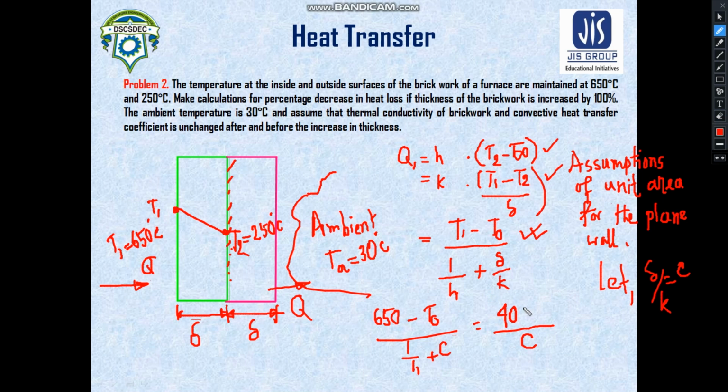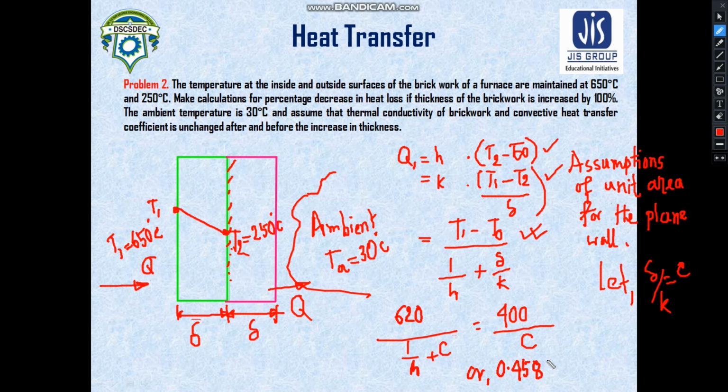Oh sorry, you also know the ambient temperature, it is 30 degrees Celsius. So ultimately you will get the value of 620. I'm sorry, I just missed the ambient temperature here. So after simplifying this equation, you can relate this C and this factor 1 by H. After the calculation you will see that this is the relation.